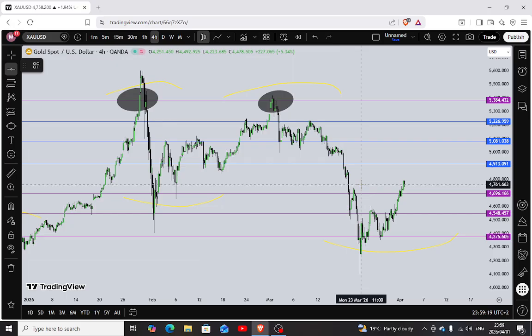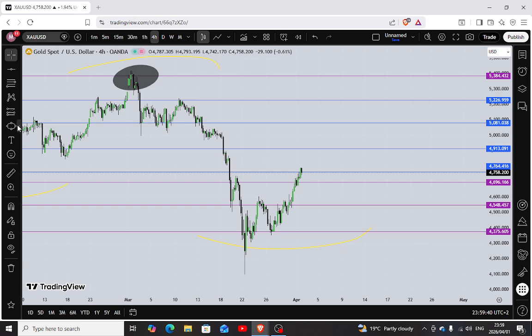This area, that area, and right now the price is currently at a resistance area. So would you take a sell? Probably not. The reason is that if you pay attention to what's going on here, this is a transition of a trend.